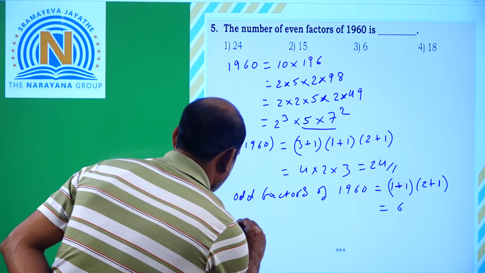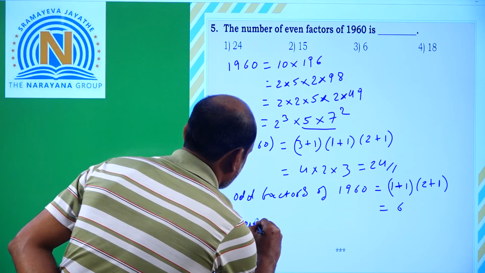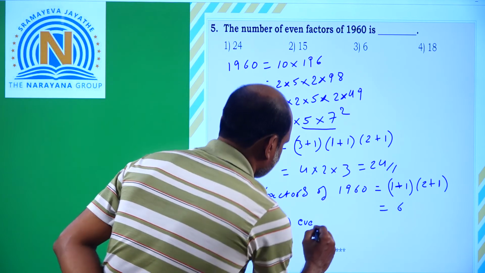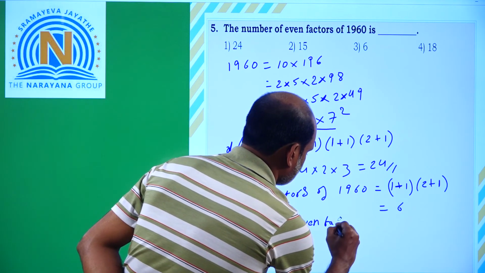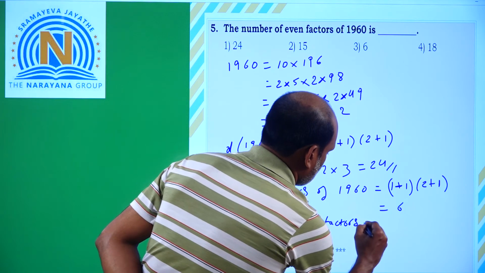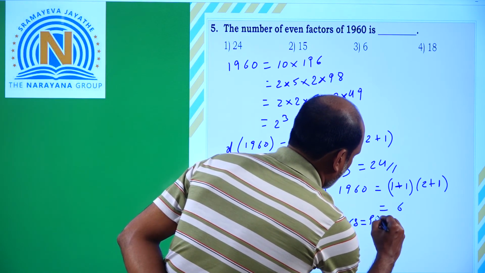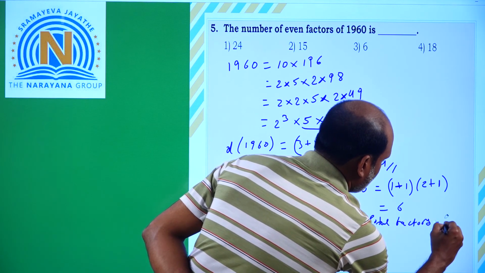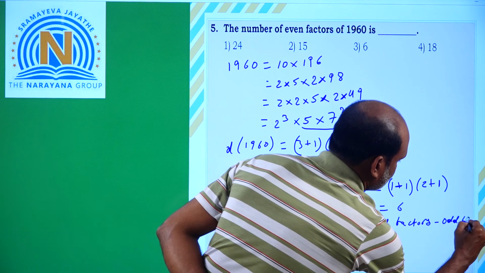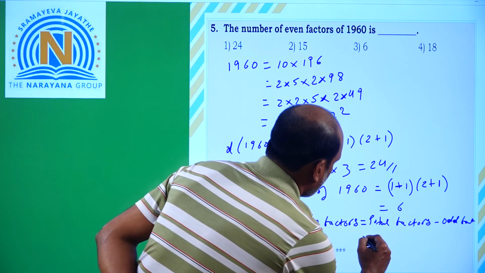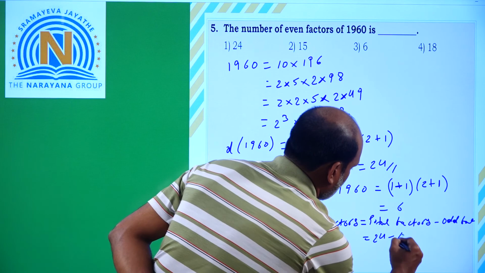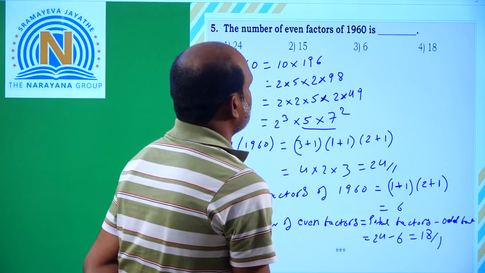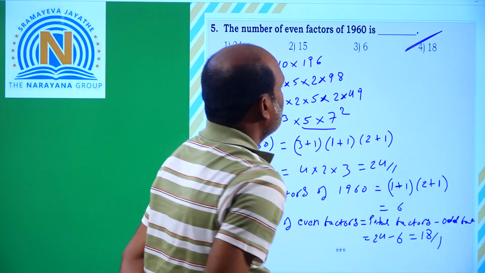So the number of even factors is equal to total factors minus odd factors. Total factors 24 minus odd factors 6, that is 18. So the number of even factors is 18. Option 4 is the correct answer.